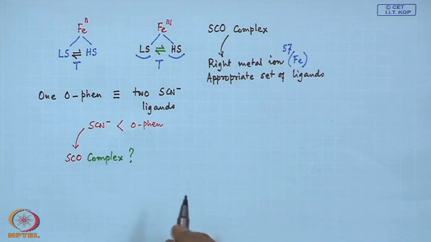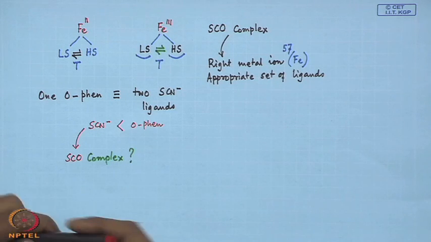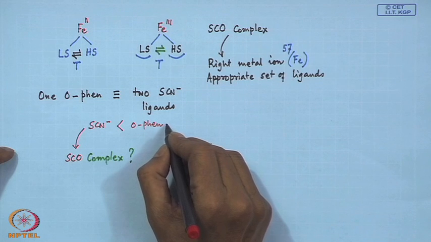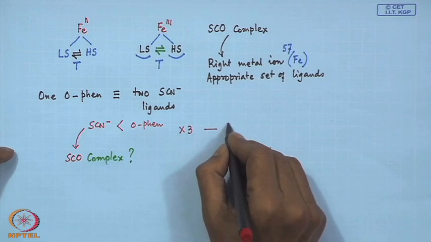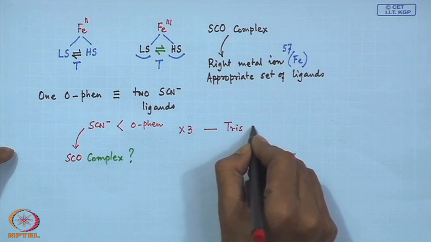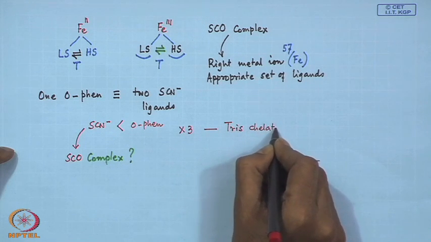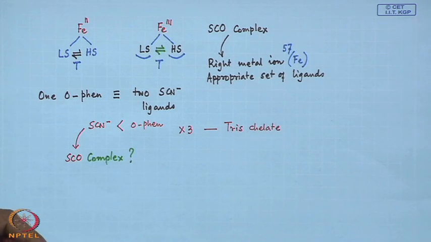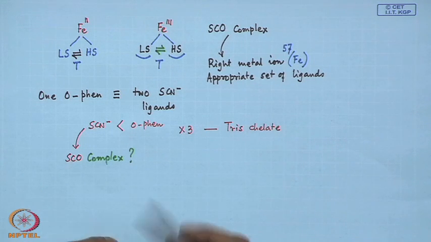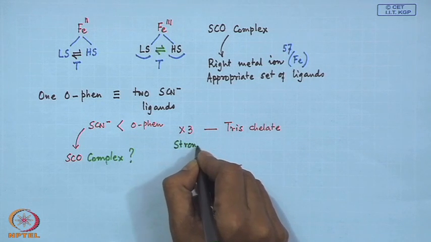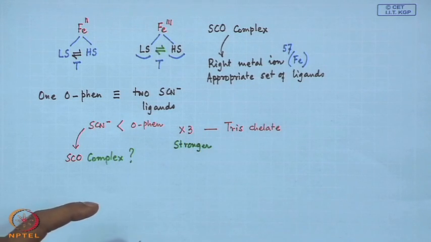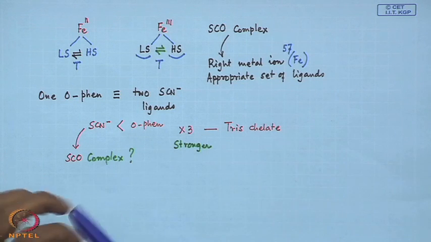When the ligand is strong enough, such as phenanthroline, and we are providing 3 of them in the triskelate, that means we have a stronger crystal field.